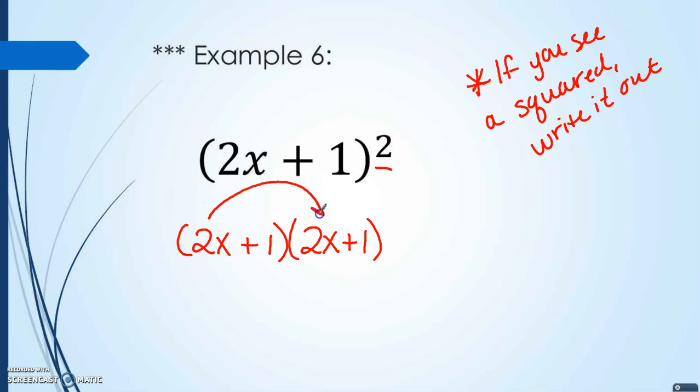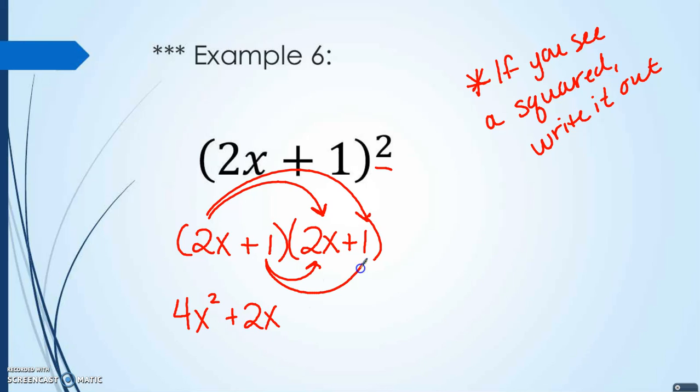So 2x times 2x. Well, I'm going to draw multiply lines. 2 times 2 is 4, and x times x is x squared. 2 times 1 is 2, and there's an x there. And then we distribute that 1.